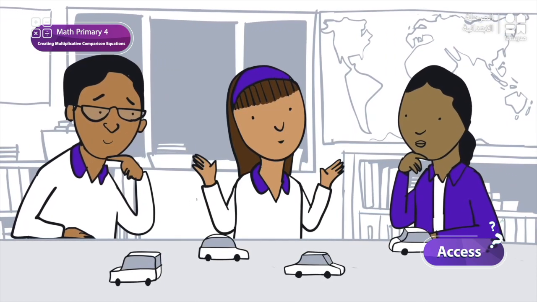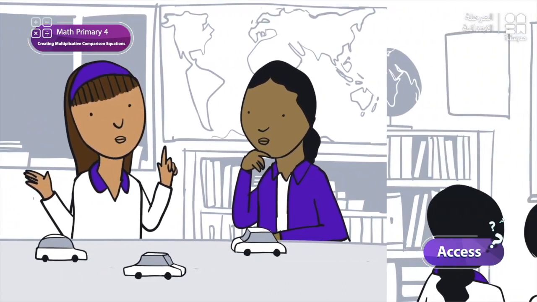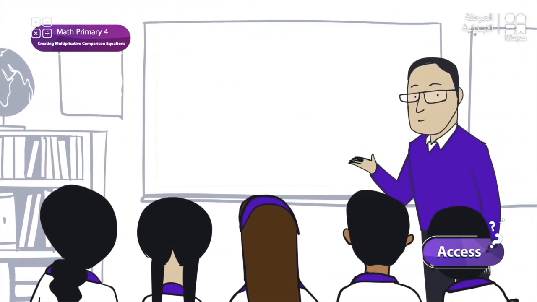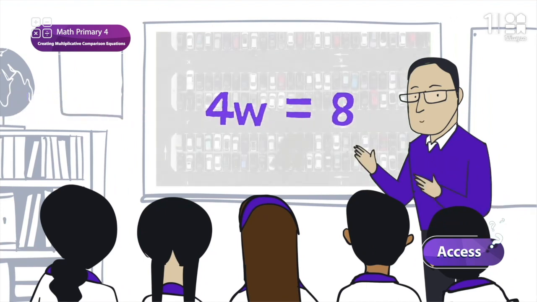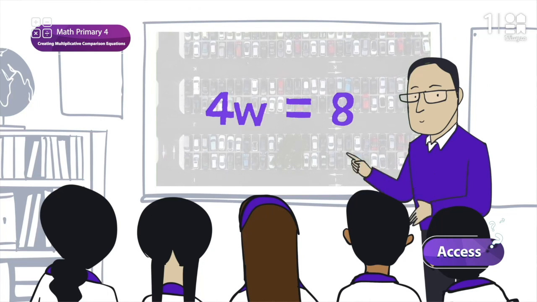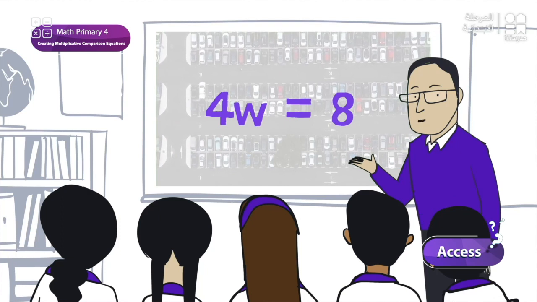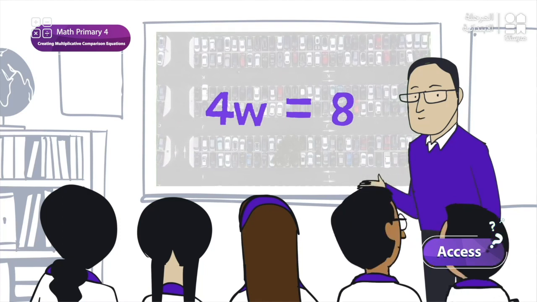What if W stands for a number and we multiply it by 4? A letter represents a number. When letters and numbers are written like this, with no spaces between them, we multiply the number 4 and the letter W, which stands for white. So together, that makes 8. Could W be 2?